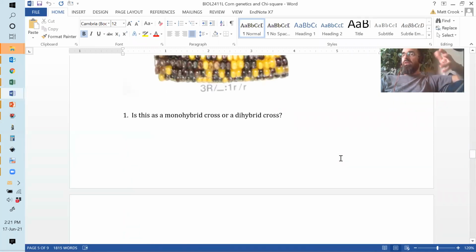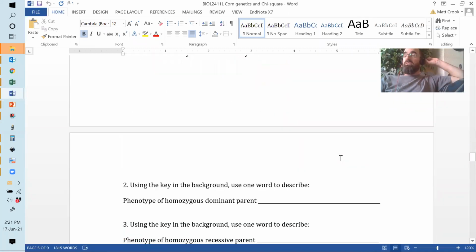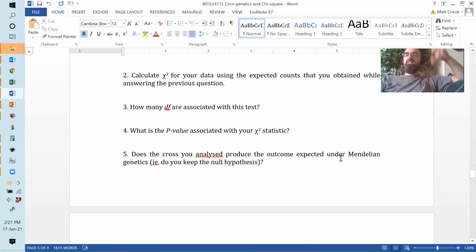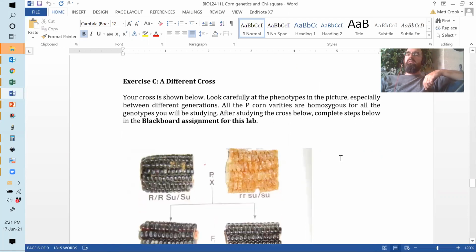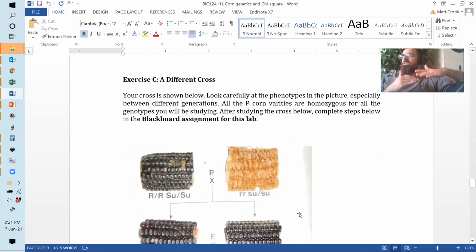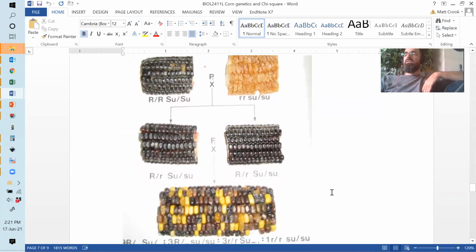The first 2 are about the monohybrid cross, so you're going to be asked questions that refer to that. And the second set of 2 are all about the dihybrid cross. So even though the questions are the same, you're going to be answering them based on the information that you're given in this image rather than what you were given for the first 2.